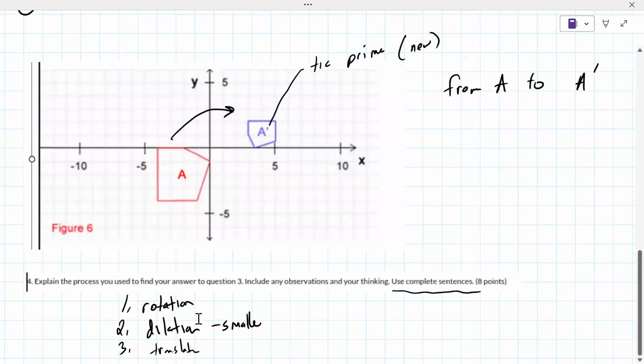All right. So I wrote it down. I wrote the sentences.